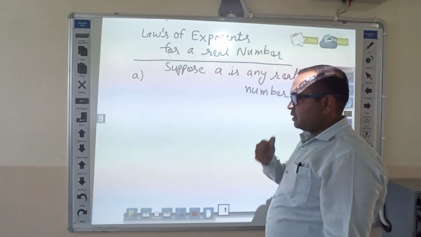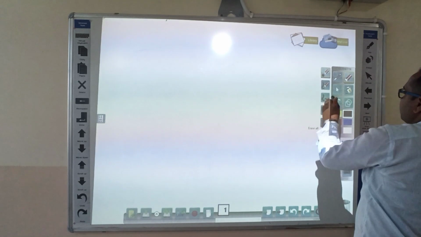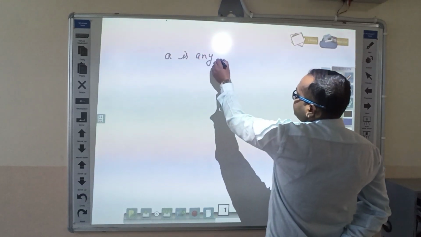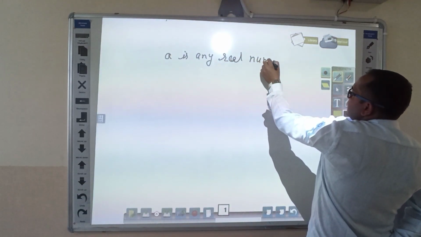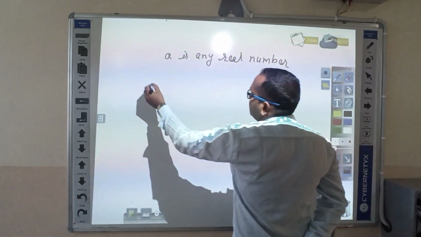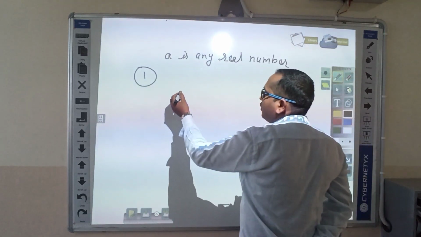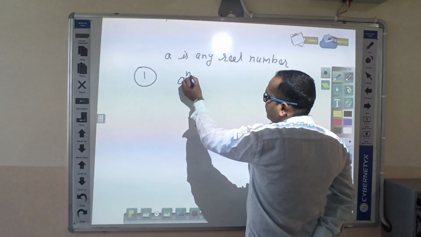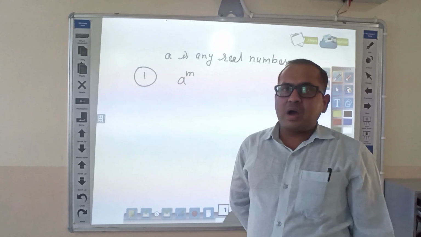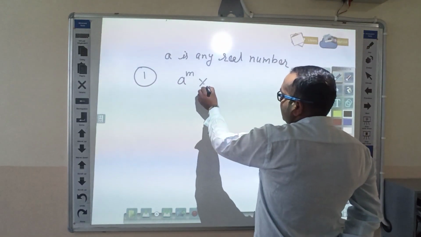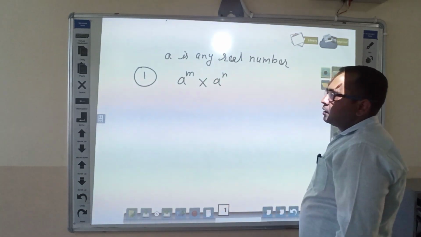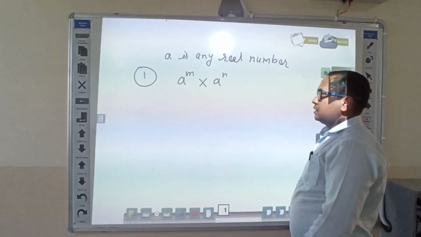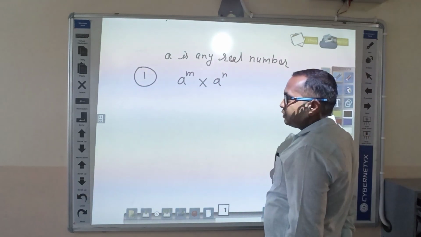When A is any real number, then the first law states that when A to the power m, means power of any real number, into A to the power n, means another power of the same real number, is given in the question.